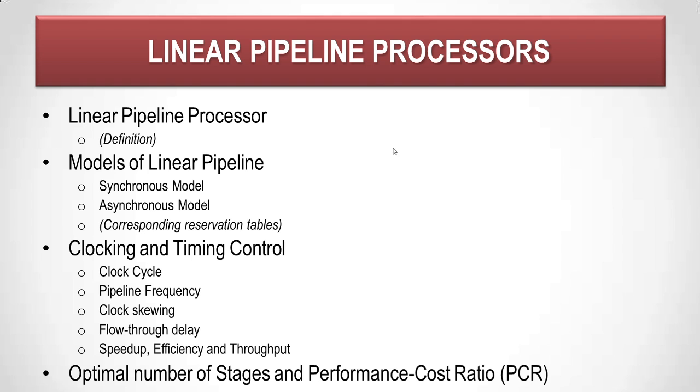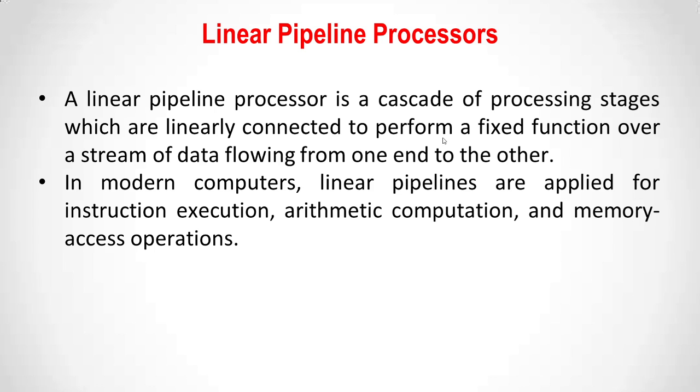So first we will start with the linear pipeline processor. A linear pipeline processor is a cascade of processing stages which are linearly connected to perform a fixed function over a stream of data flowing from one end to another.